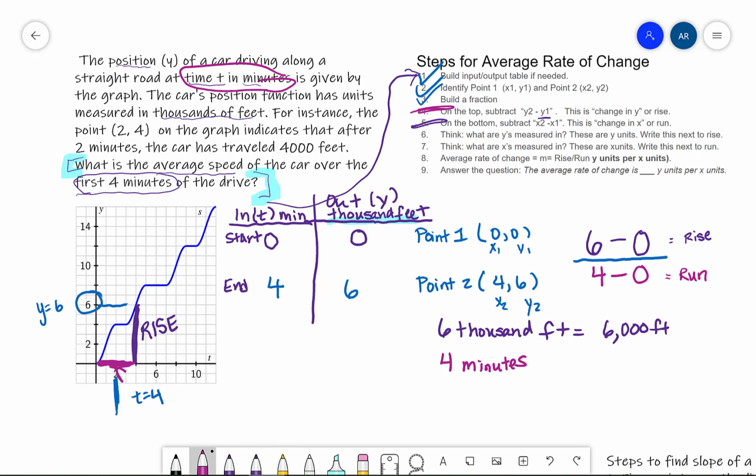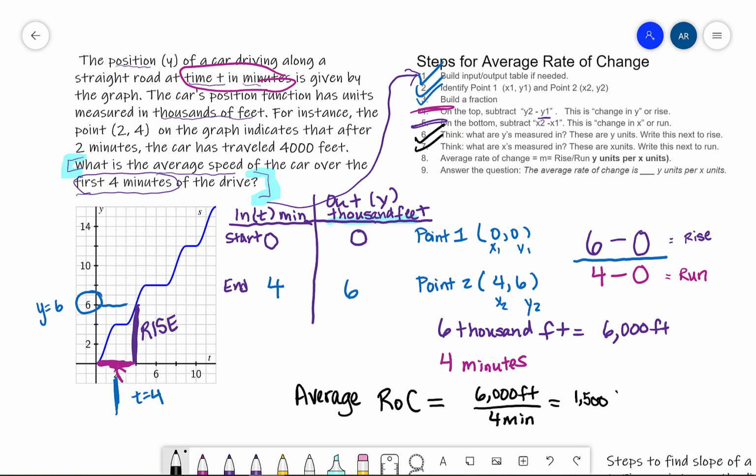So what do we get here? Now that we've done steps 6 and 7, the average rate of change, and I'm going to write ROC for rate of change, will equal my 6,000 feet divided by my 4 minutes, reducing that fraction. 6,000 divided by 4 is 1,500 feet per minute.